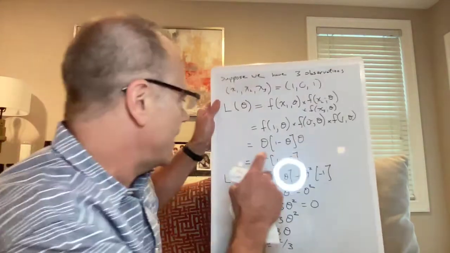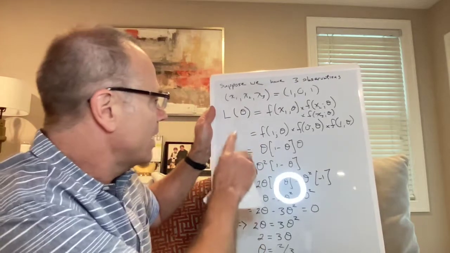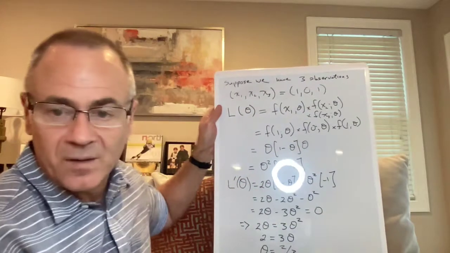Here's what we have. We have our likelihood function, L, which equals theta squared times 1 minus theta.